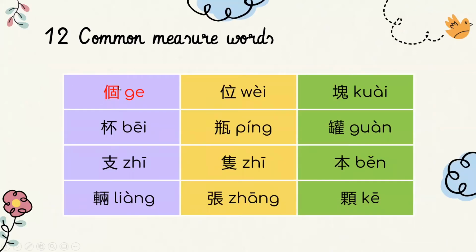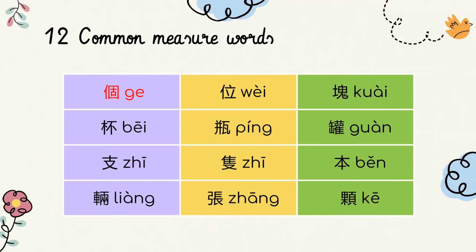个 is the most frequently used measure word. 杯 is for the cup. 支 is for any bar-shaped object. 辆 is for any kind of vehicle, right? 位 is a measure word for a person, but in a polite term. 瓶 is bottle. 只 is for the animal. 张 is for flat objects, like a photo, paper or tissue, even a table.